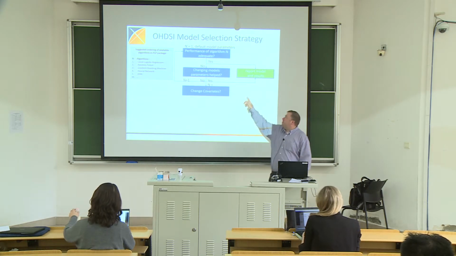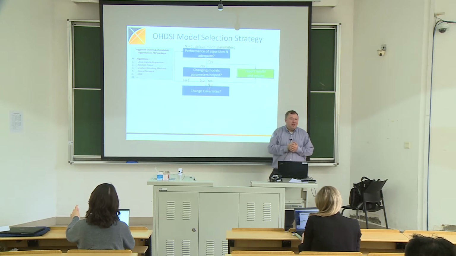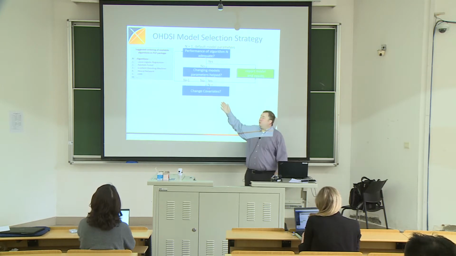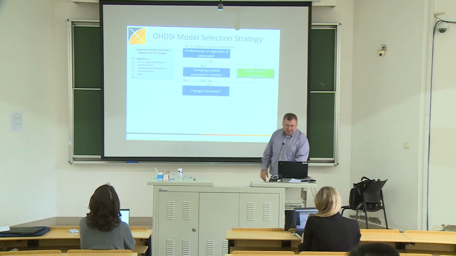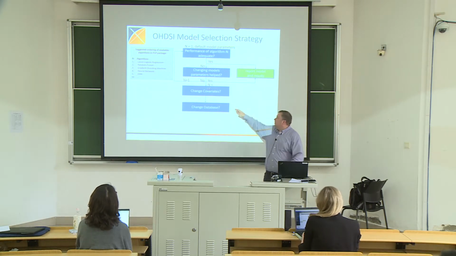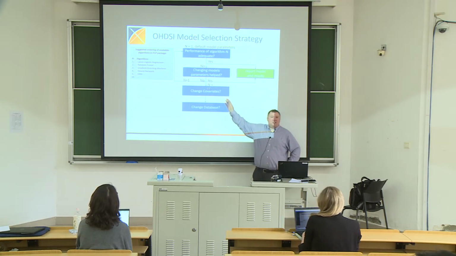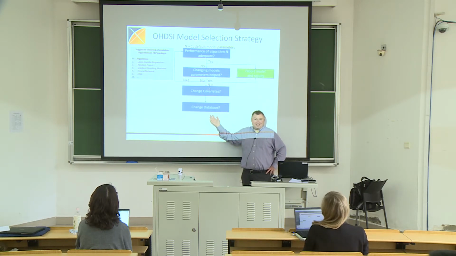You might find that it's not a model parameter problem, but it's actually the choice of predictors that you've made. And so if you find that the current set of predictors are not getting you adequate performance, you could change the predictors. You might also find that maybe changing the predictors doesn't help. So you might want to test your model on a different database.